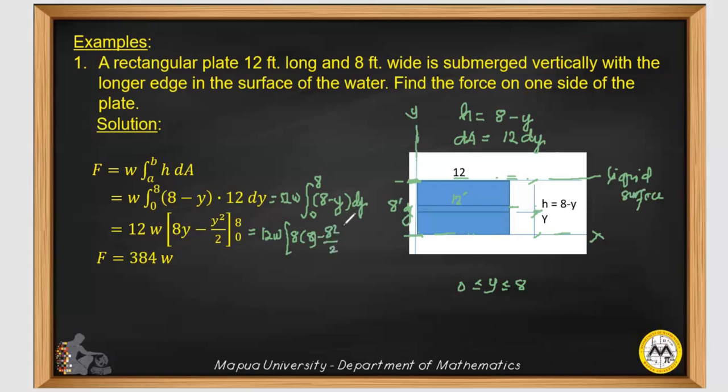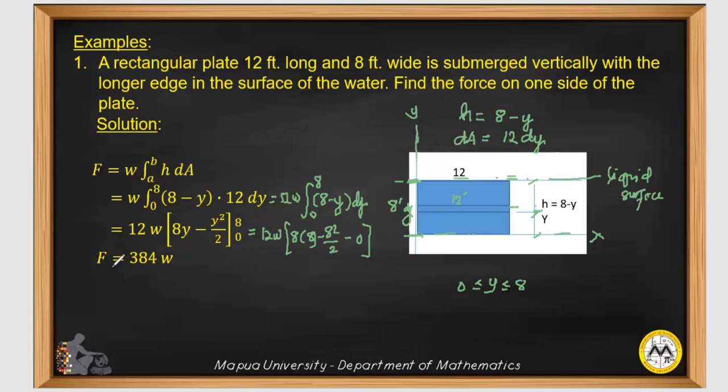And if we evaluate the integral at the lower limit 0, that will give us 0, so minus 0. Hence, we have 8 times 8 is 64, minus 8 squared over 2 is 32. So that will give us 32 times 12w.